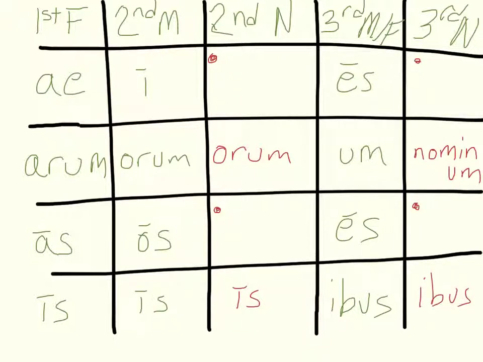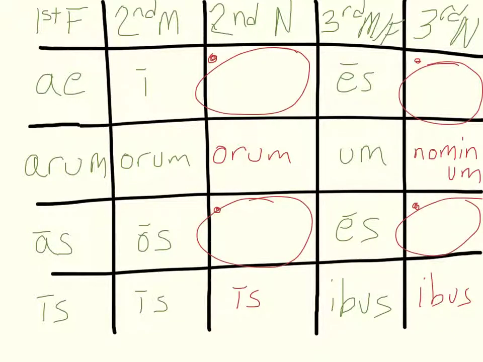Still down there. The forms that are going to change are going to be these ones here. And they're all going to make the same change. They're all going to end in an A instead. So instead of having baculi, you're going to have bacula. And also, that form is going to go right down here.